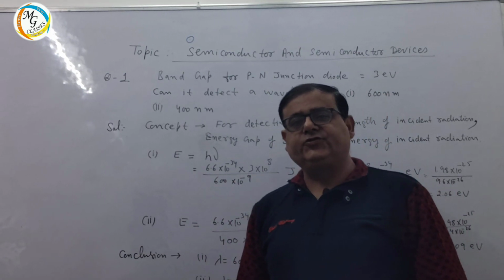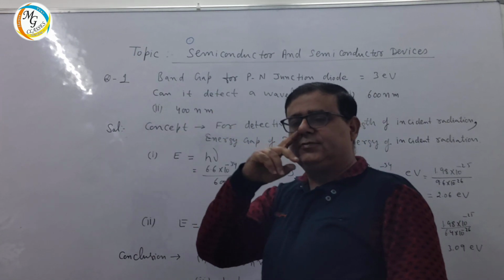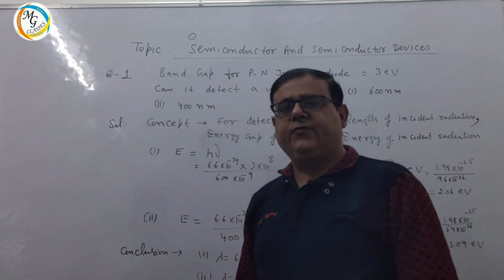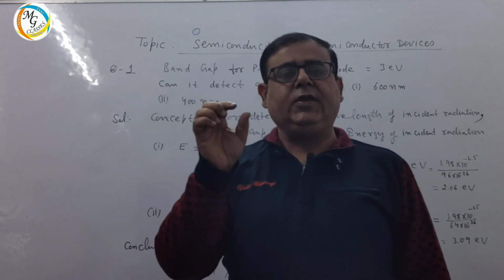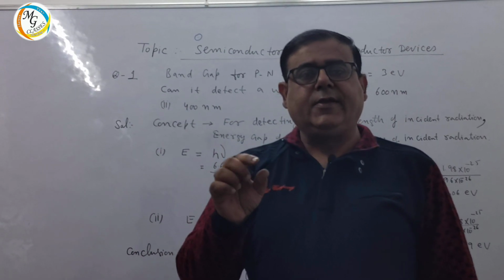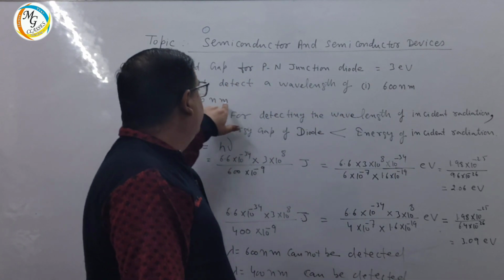So let us begin this video with question number 1, a basic fundamental question in which we have to check whether the given p-n junction diode can detect different wavelength radiations.